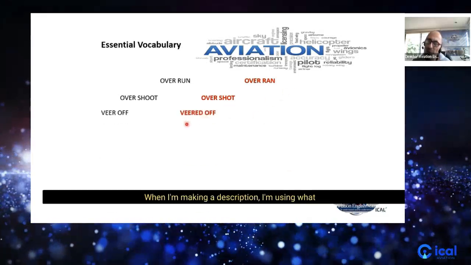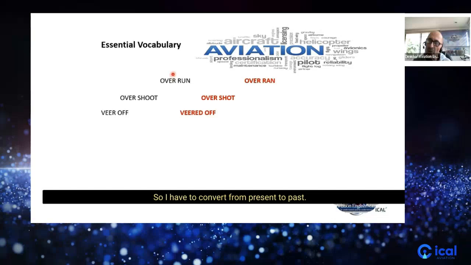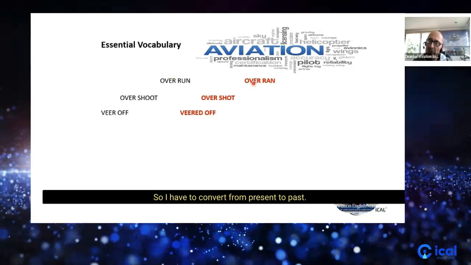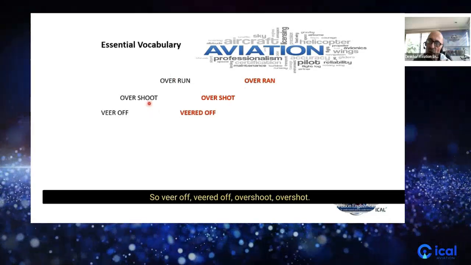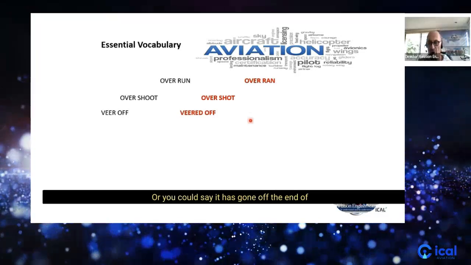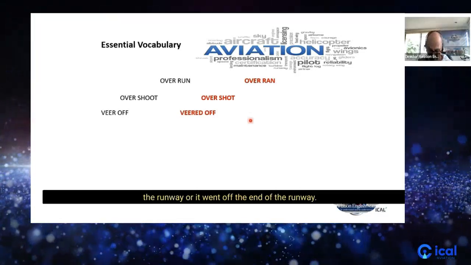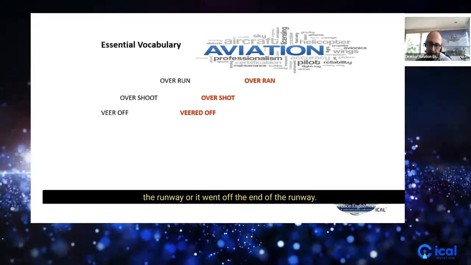When I'm making a description, I'm using what happened not now, but in the past. So I have to convert from present to past. So veer off, veered off, overshoot, overshot. Or you could say it has gone off the end of the runway, or it went off the end of the runway.